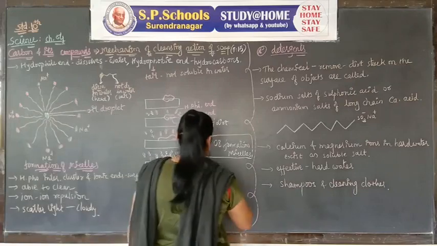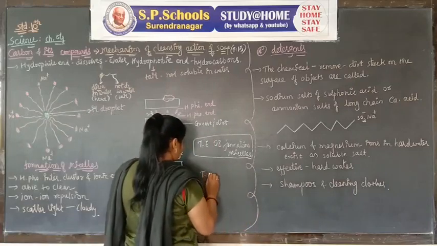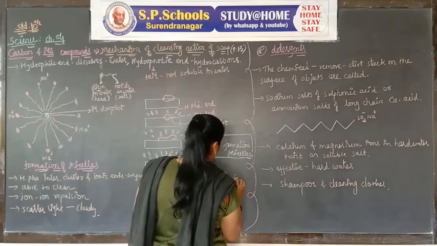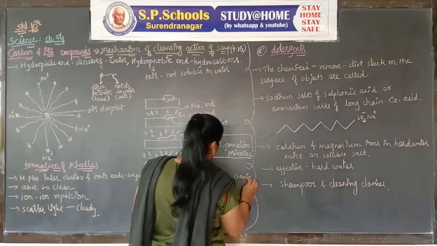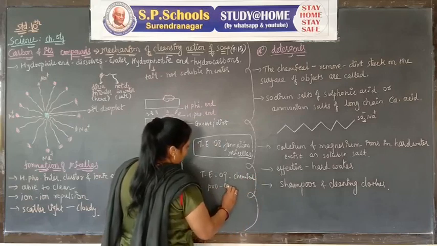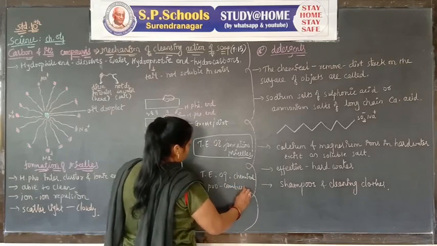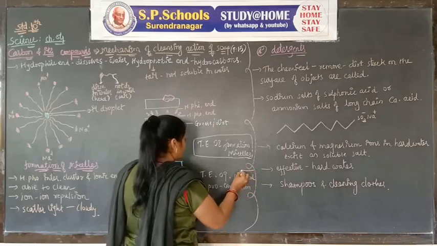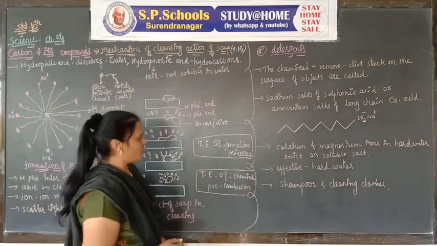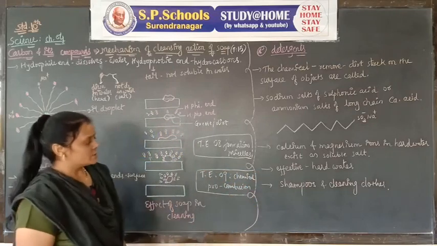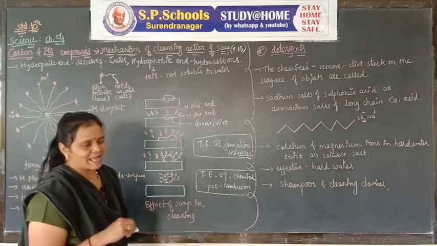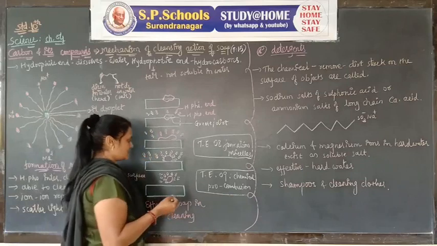Another question is related to textual exercise question number 9, which is related to chemical properties of carbon compounds. We already studied combustion. If you have to write everything about combustion, you don't need to write the whole answer of textual exercise 9.